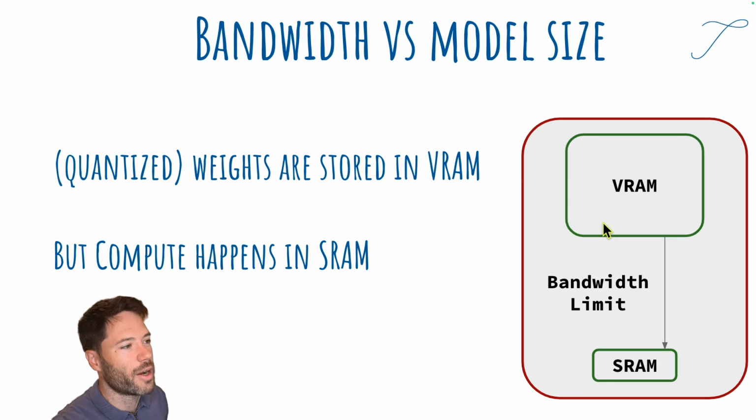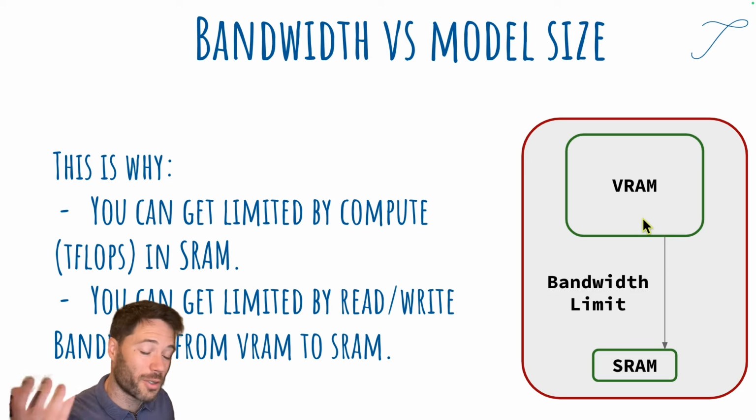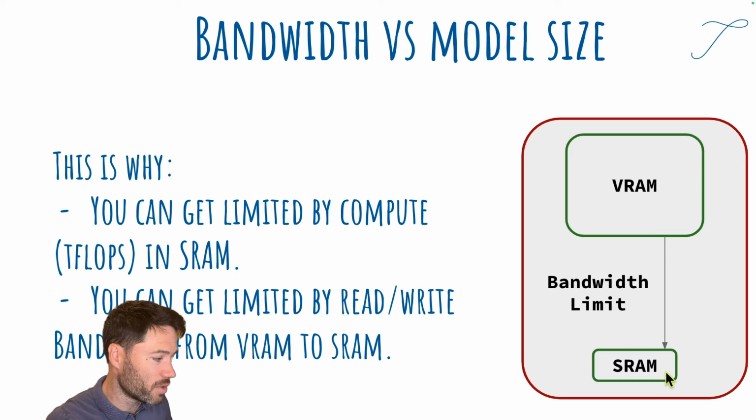So there are basically two ways that you can get limited on speed when you're running a GPU. The first is that you want to run a ton of calculations and your computer is not able to calculate fast enough. This is where you're compute limited. But you can also have a GPU that is able to compute so fast that the bottleneck becomes how fast you can read in portions of the model weights from the VRAM into the SRAM.